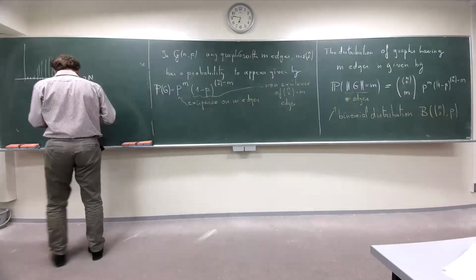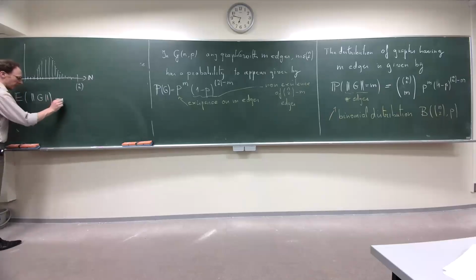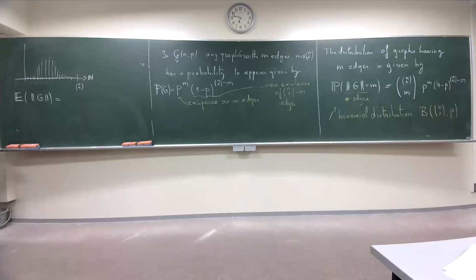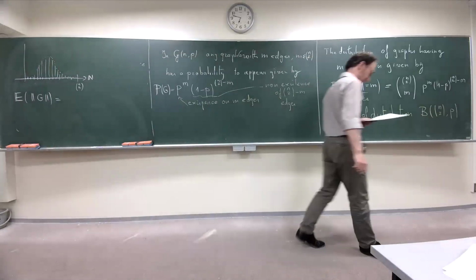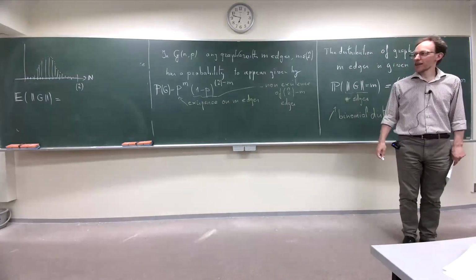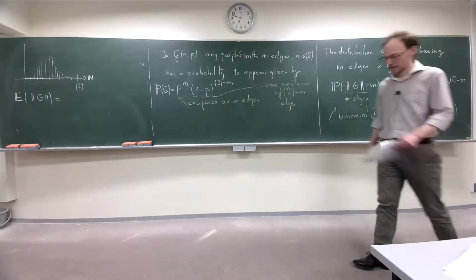But we can compute other things. What is the mean value for the number of edges? This is easy to guess without doing any computation. What is the expected number of edges?